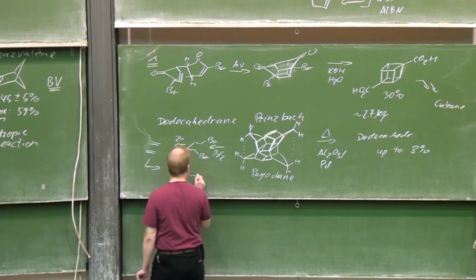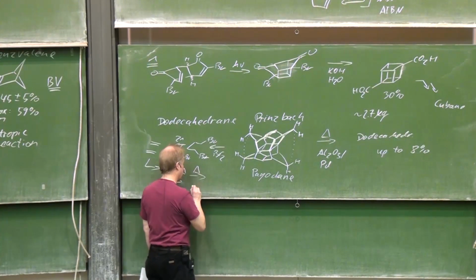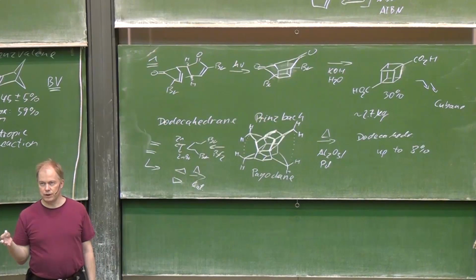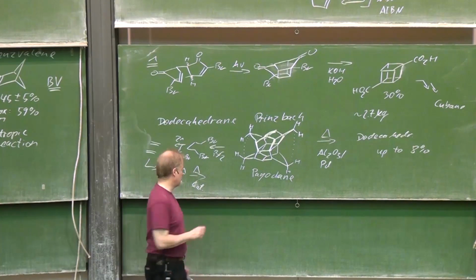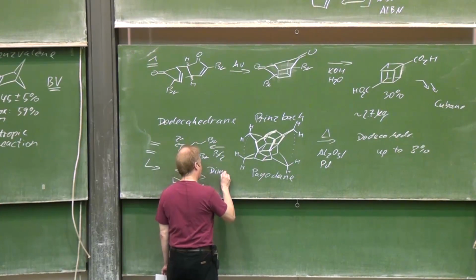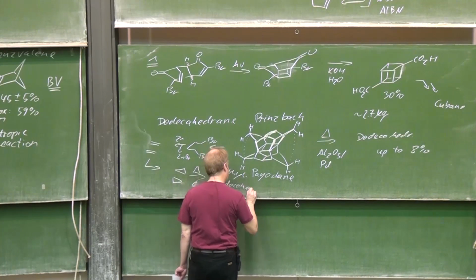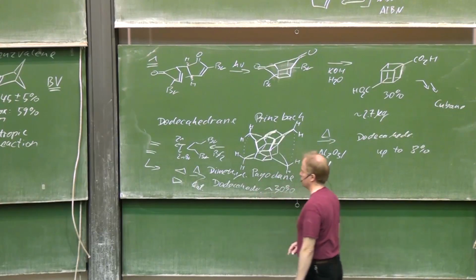And then again, with similar reaction conditions, a far better rearrangement took place, forming then dodecahedrene with dimethyl, with approximately 30% yield.